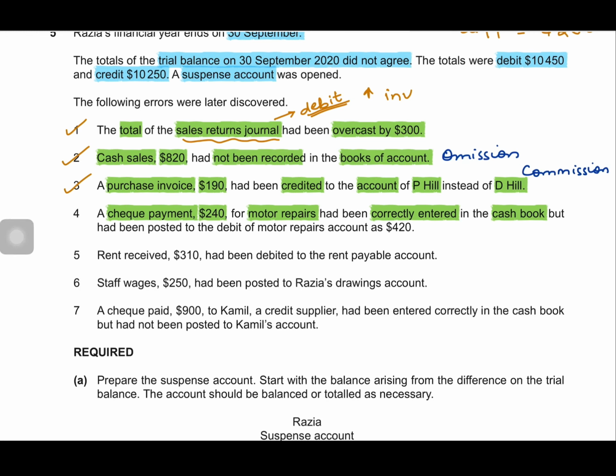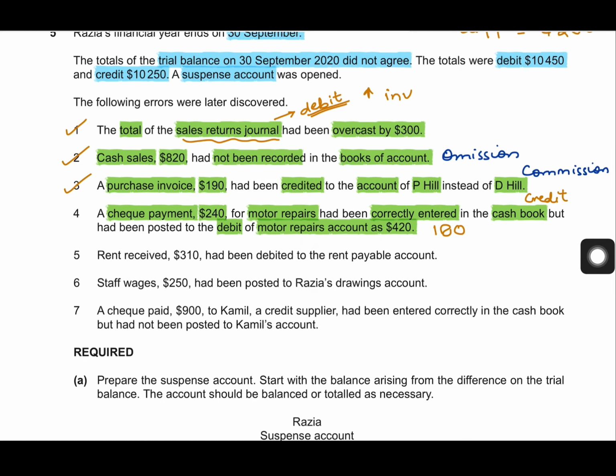So the cash book has been correctly credited, but it had been posted to the debit of motor repairs account as 420. Okay, so there is a problem in the amount. The account is correct, the side of the account is also correct, but the amount is wrong over here. The original one was 240 and this is 420, which means that the account has been overstated by $180 than the original value of the transaction.